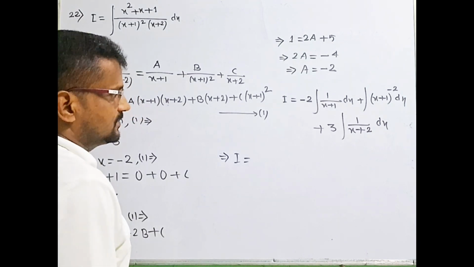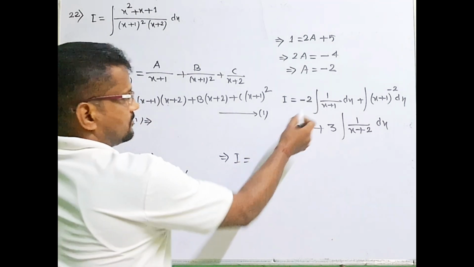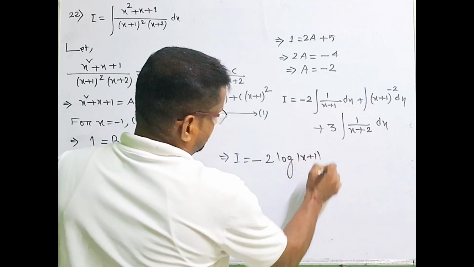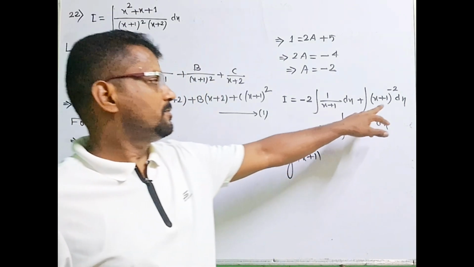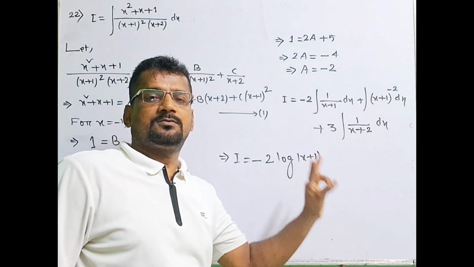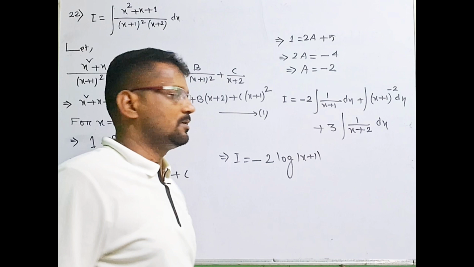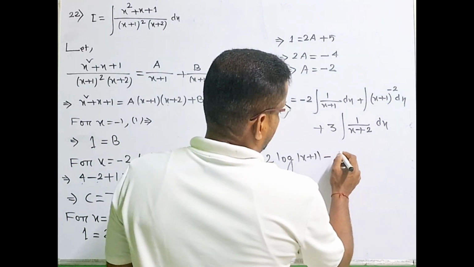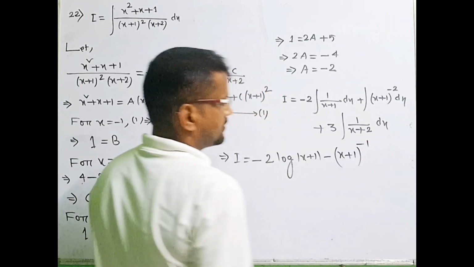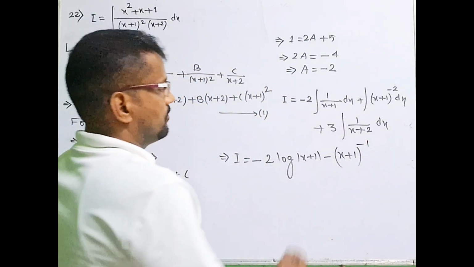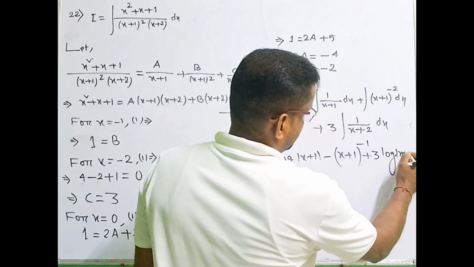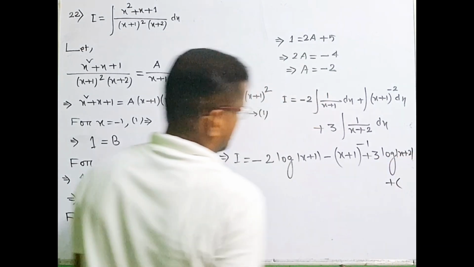I equals -2 log of modulus (x + 1), and integration of this is what? This is (x + 1) to the power -2, integration gives (x + 1) to the power -2 + 1 by -2 + 1. So here minus sign will come, and it will be (x + 1) to the power -1, plus 3 log of modulus (x + 2) + c.